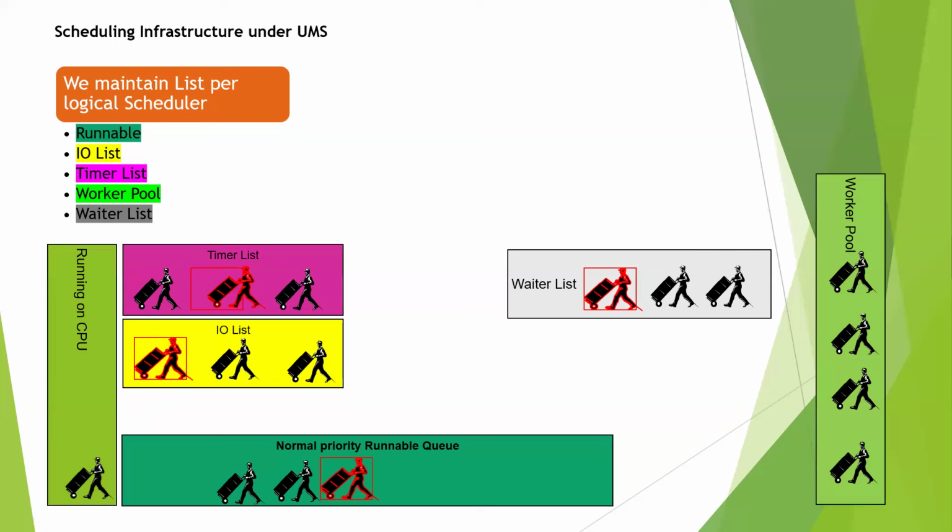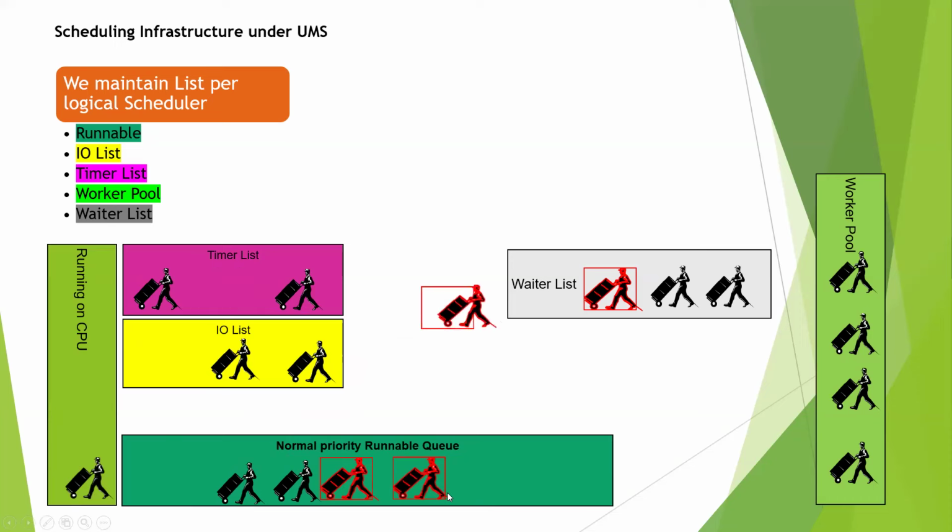The IO requested has been completed and the query has to be executed. Then the thread has to go back and execute on the CPU. So it will not immediately execute on the CPU. It will be at the end of the runnable queue.